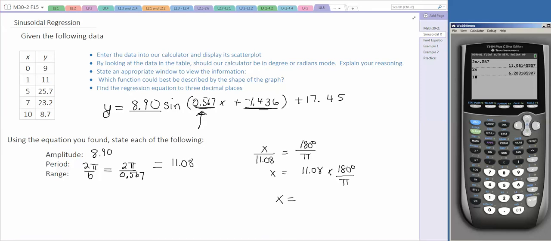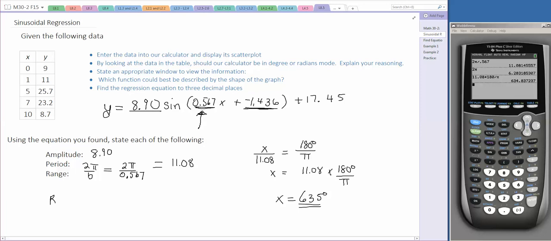We can calculate that just out of curiosity. So we have times 180 divided by pi, and this is 635 degrees approximately.